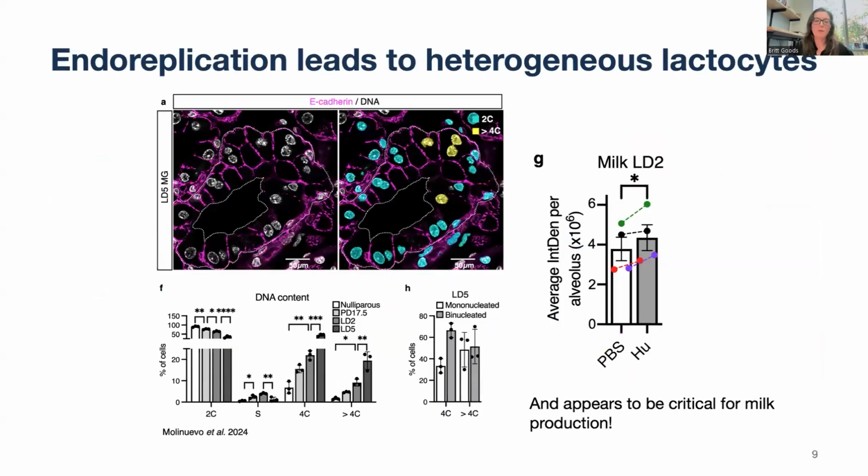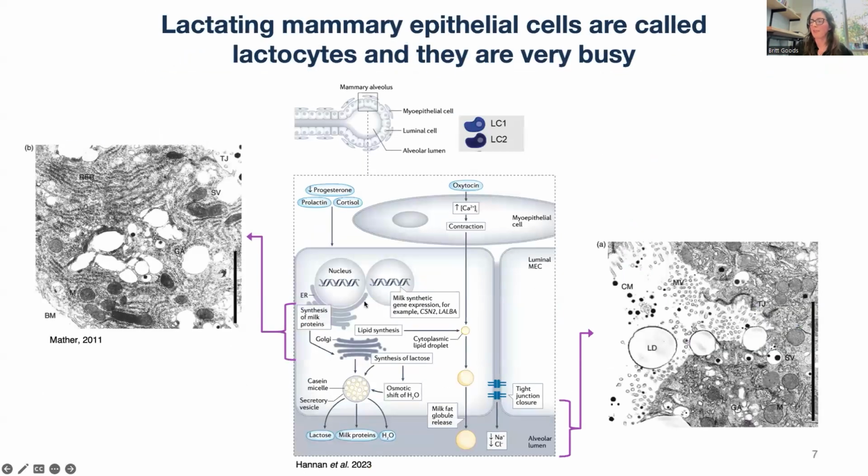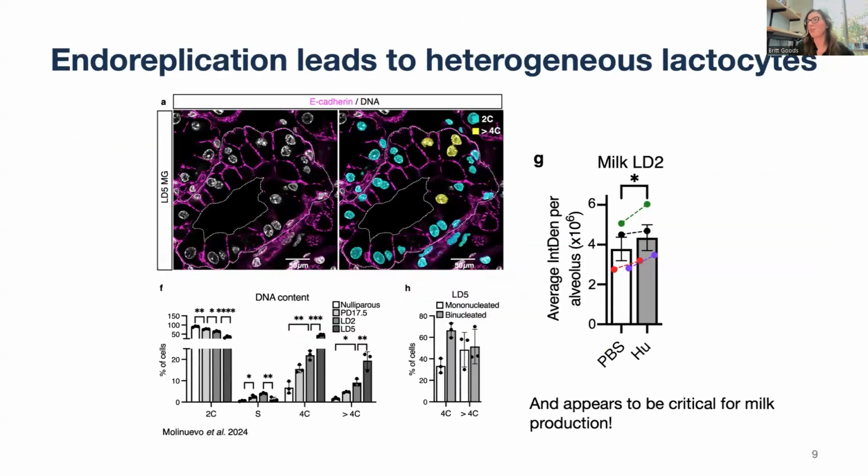There's some really beautiful work that has followed up on this and showed that endoreplication in these cells can actually lead to these heterogeneous cell types. I want you to think back to, for example, this image, where not all of these cells are the same. They actually are doing a lot of different things, and you might get heterogeneous populations because of this. Here you can see some of these really nice binucleated cells in these images.